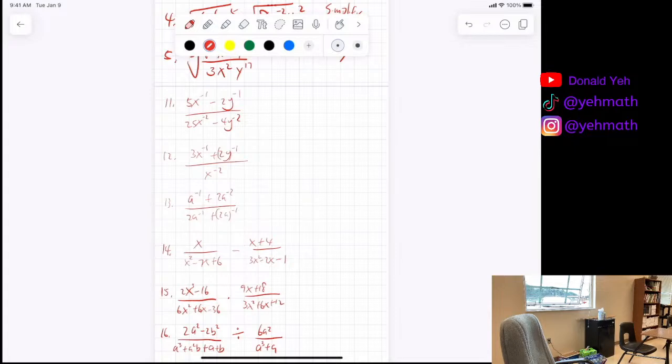Limit as x goes to 2 of x cubed minus 8 over x minus 2. So what you're supposed to do on this one is, wait, I got it.